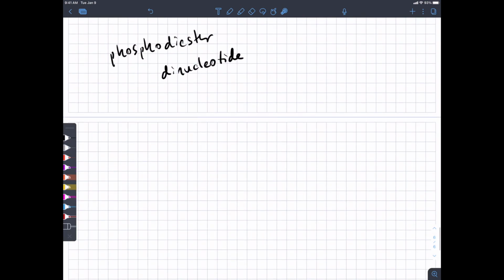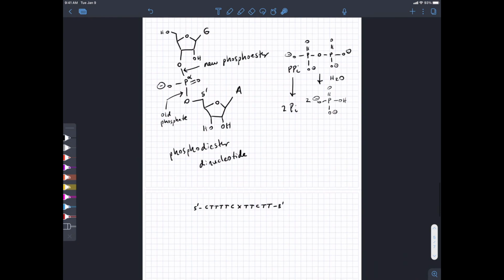So I'm going to show you the sequence of an oligonucleotide. And fortunately, when you see oligonucleotides in the future, we're not going to draw them out for you. We're just going to write the sequence this way. So here is the 5' end of the oligonucleotide.